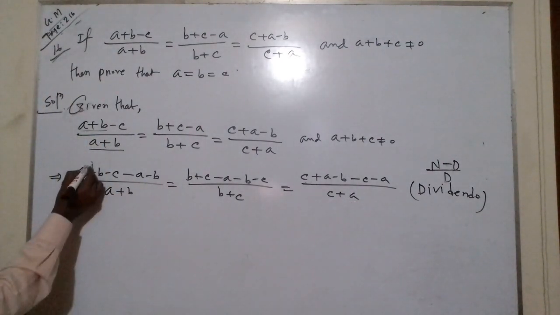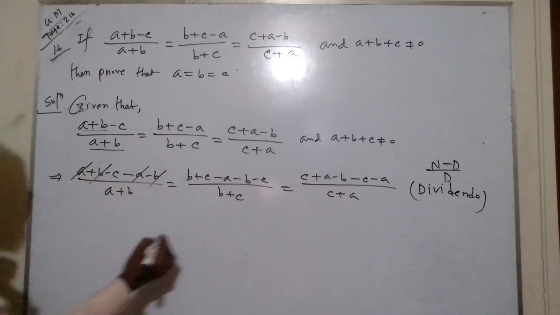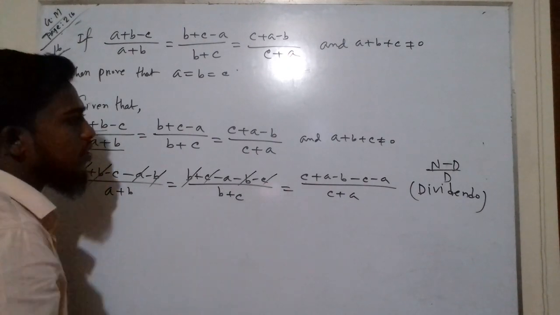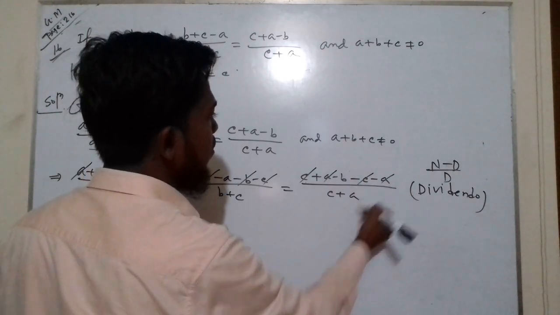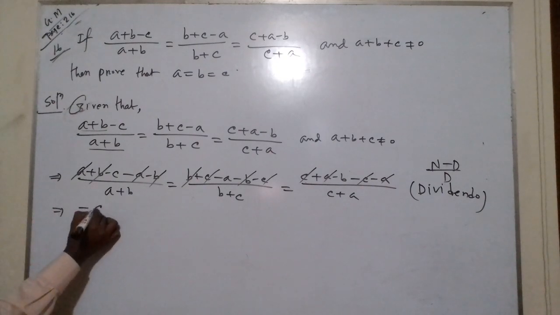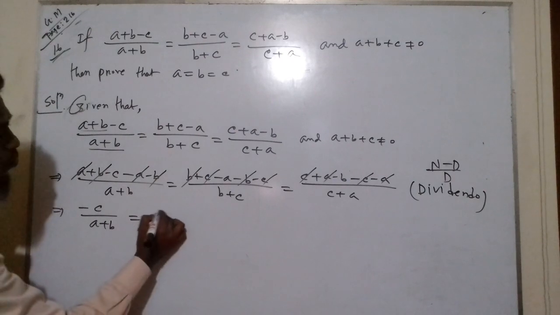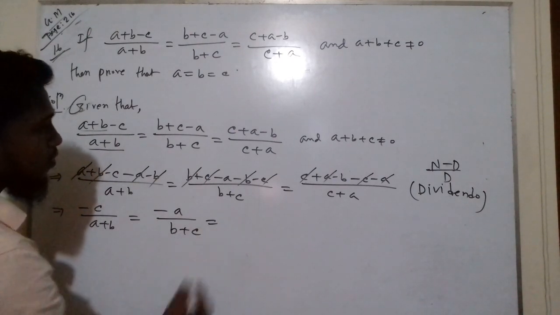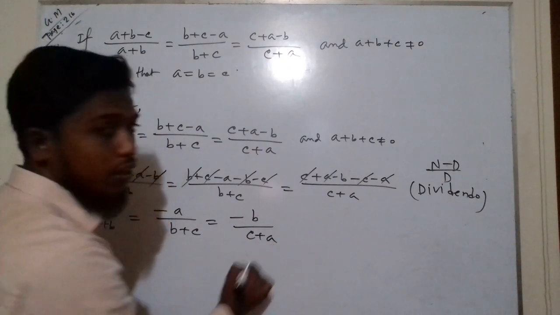Okay. Here plus a plus b minus b are cancelled. So b and minus b, c and minus c are cancelled. Plus c plus a minus a are cancelled. So we can write minus c divided by a plus b equal to minus a divided by b plus c equal to minus b divided by c plus a.